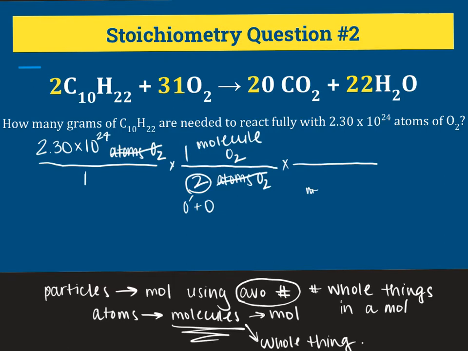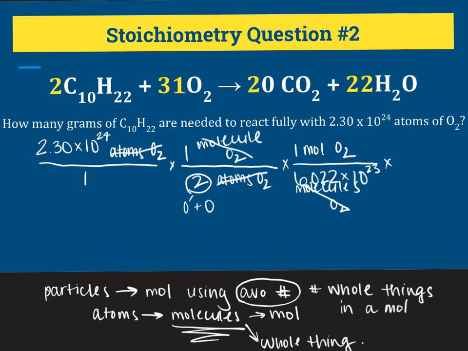Let's erase that, and we know that we need molecules of O2 in our denominator so that these units can cancel. And this is where we can now use Avogadro's number and say that there are Avogadro's number of molecules in 1 mole of O2.